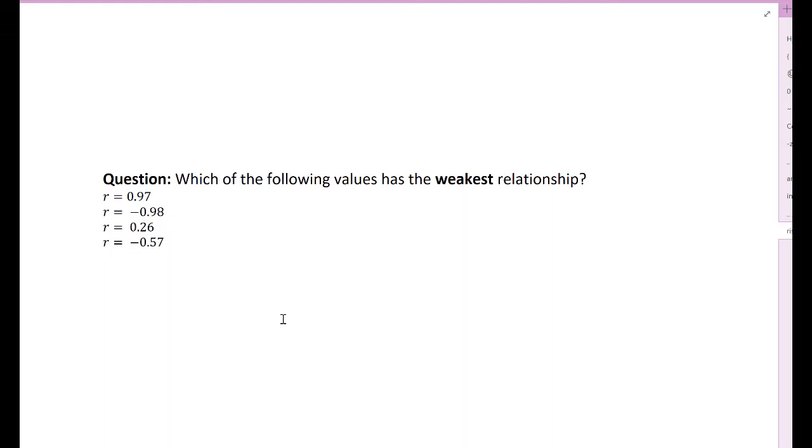As I look at these 4 different R's, the question becomes, which one is closest to 0? It's not a matter of if it's negative or positive. Well, the R of 0.26 will have the weakest correlation because it is the closest R to 0.